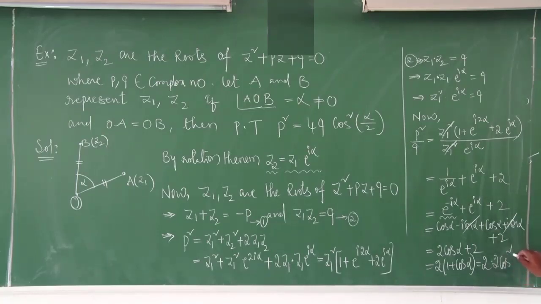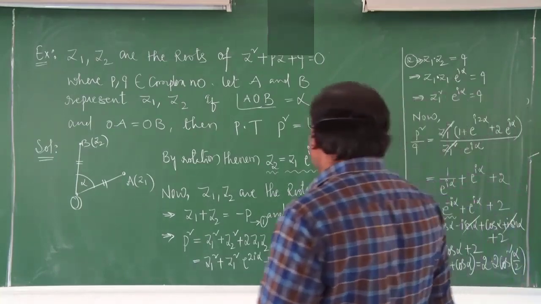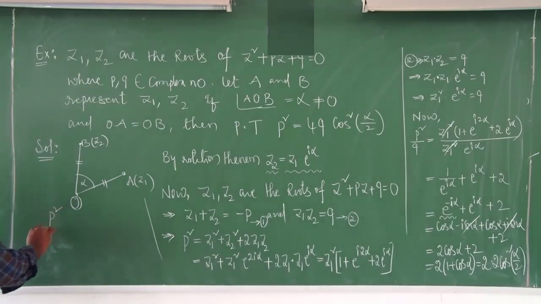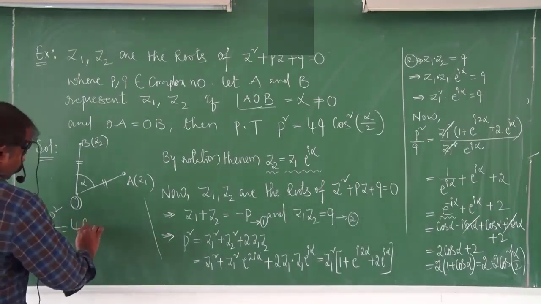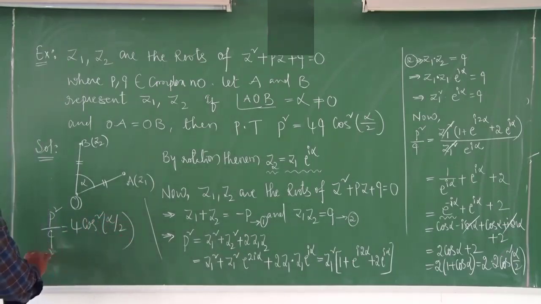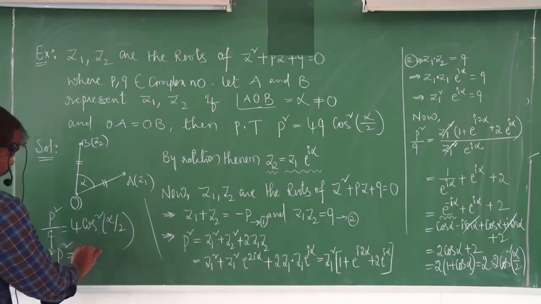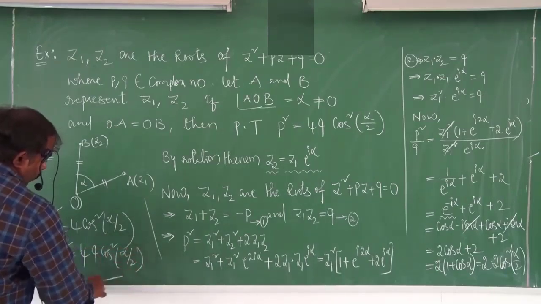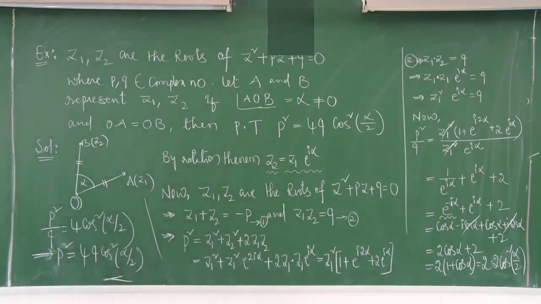That means p square by q is equal to 4 into cos square alpha by 2, which implies p square is equal to 4q cos square alpha by 2.